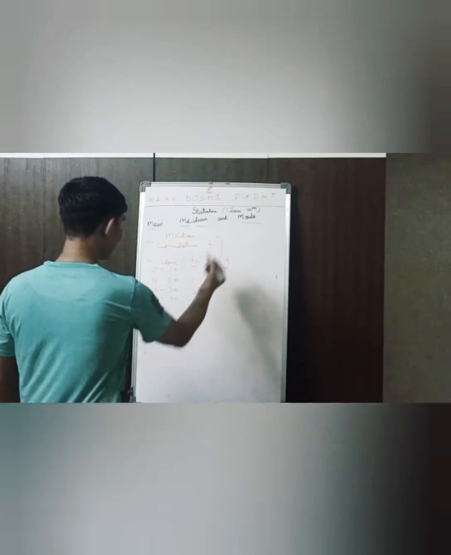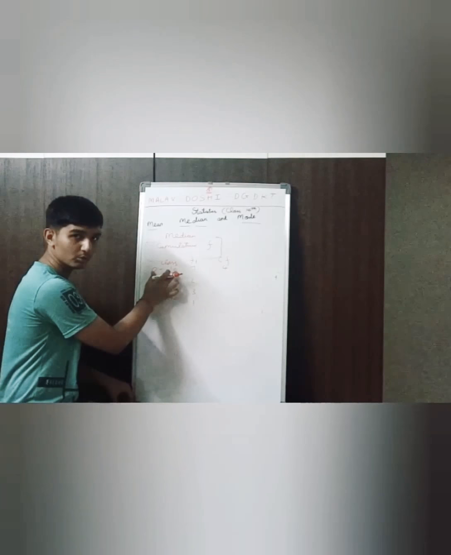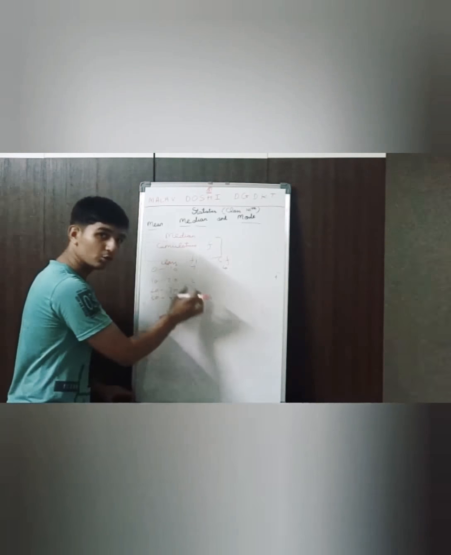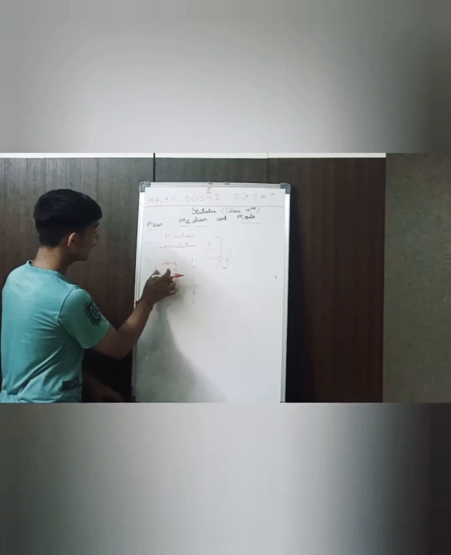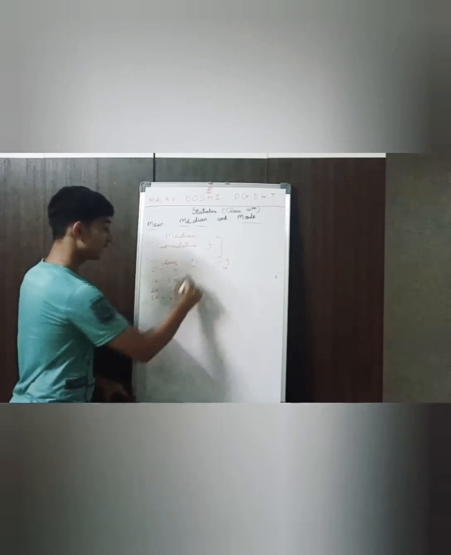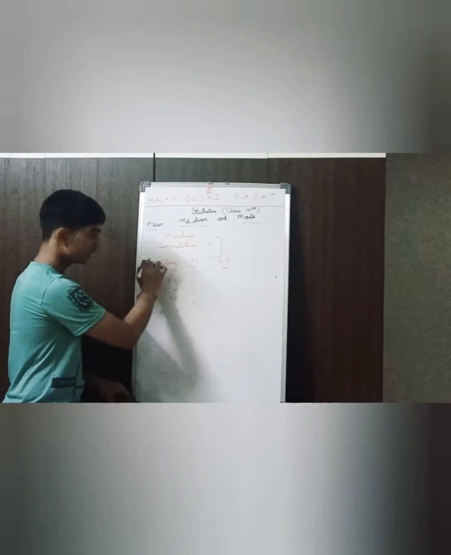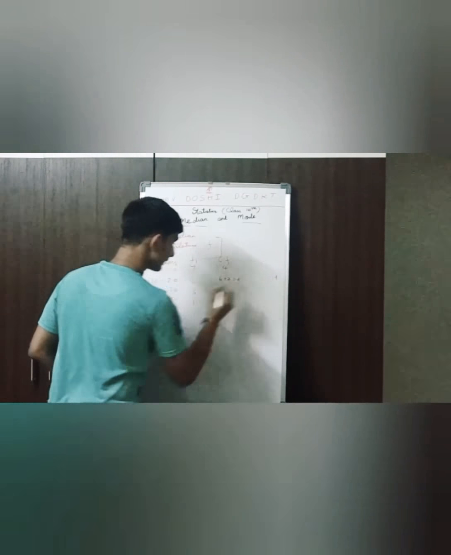Now in the second one, between 0 to 10 there are 4 values, and between 10 to 20 there are 2 values. Now we have to write how many values are between 0 to 20, which means 4 plus 2, which is 6.